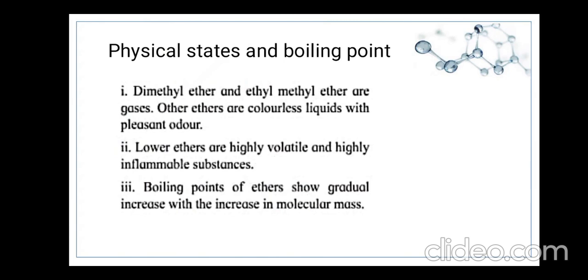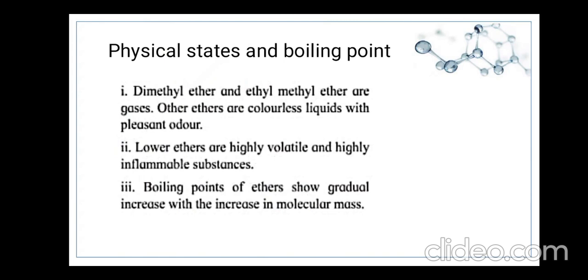Next, lower ethers are highly volatile. Volatile means they will easily get converted into gaseous state, and they are highly inflammable substances. Next, the boiling point of ether shows a gradual increase with increase in molecular mass.